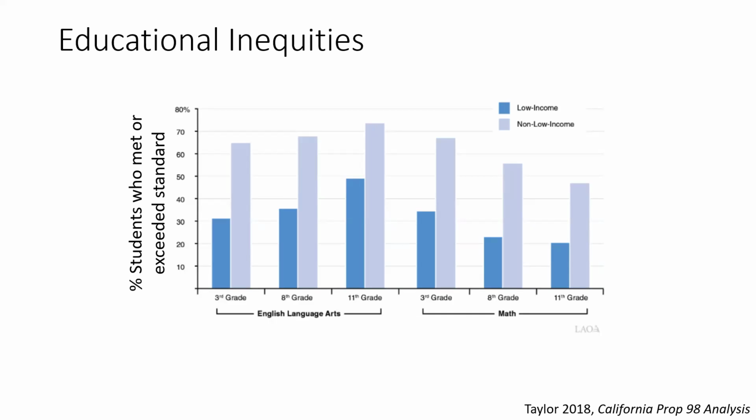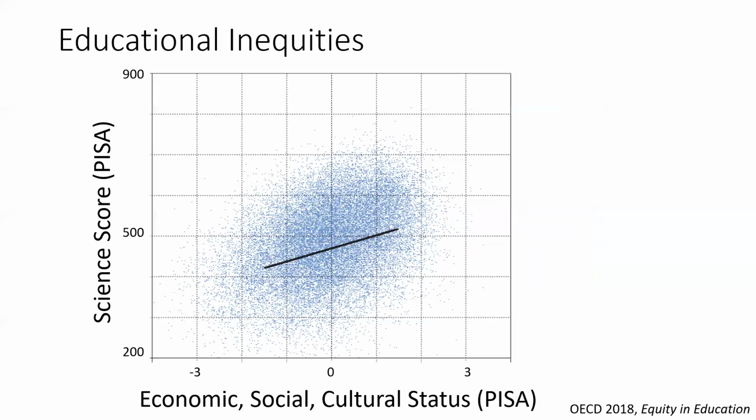Another way to look at similar data is this. These are international data coming from PISA. It's a test that is administered internationally to assess what students know and are able to do. And here on the y-axis, we're just looking at the science score for these students.